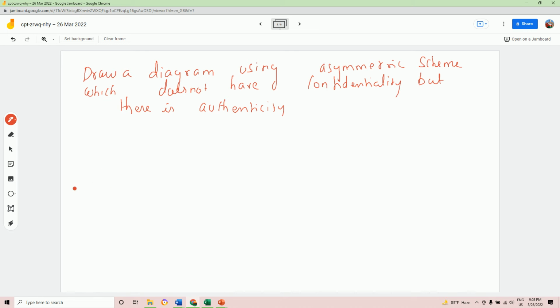So this is scheme 2. Message. So you have the encryption.